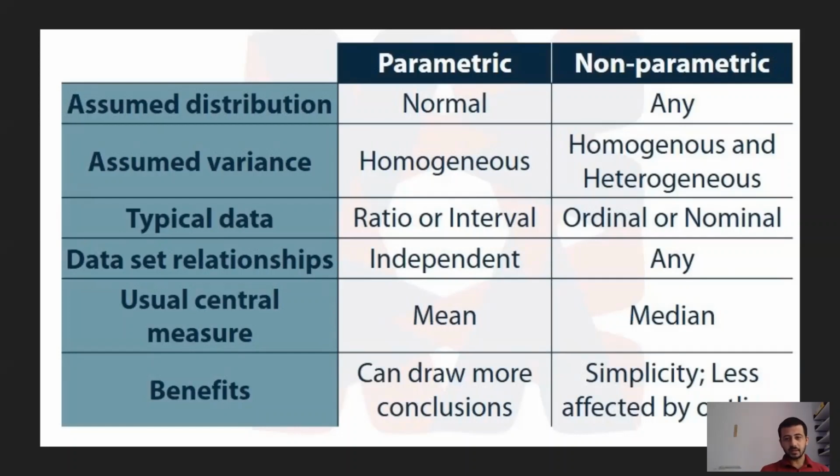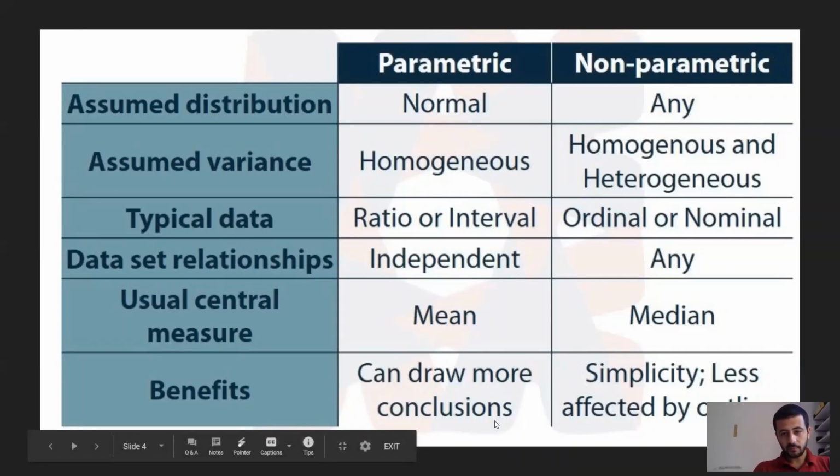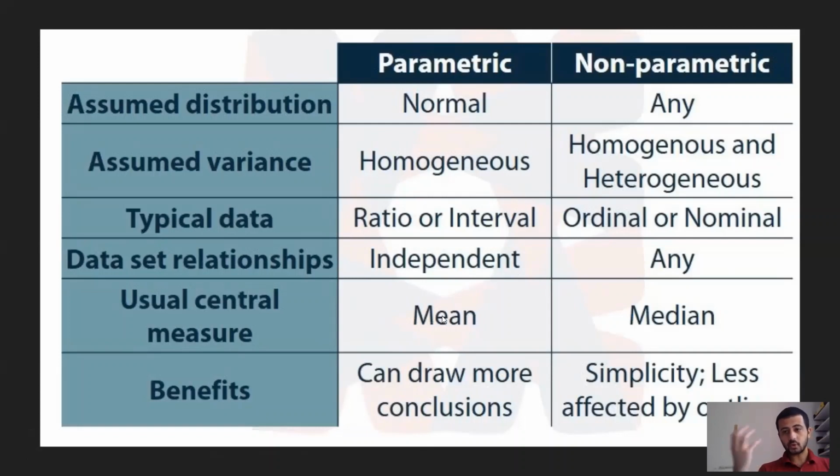The median is not so susceptible to the outliers, and that is good for non-parametric tests. Actually, the conclusions we have from the parametric tests are stronger, but it is simpler when we are talking about the non-parametric tests.